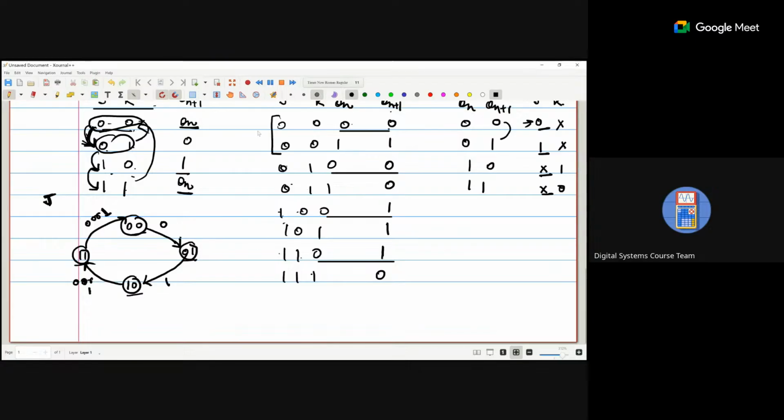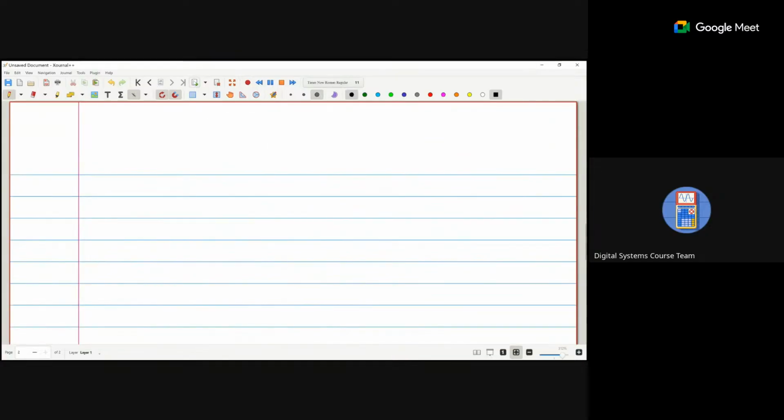I will explain a little bit more about how we create it from the circuit. Now, if we have a circuit, we have one combinational block.